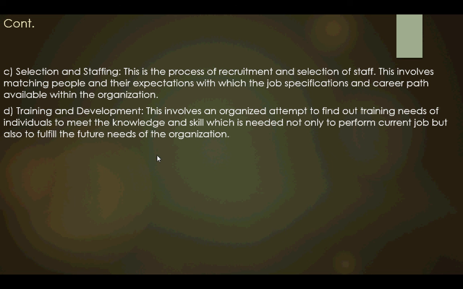This involves an organized effort to find out training needs for individuals in order to meet the knowledge and skill which is needed not only to perform the current job but also to fulfill the future needs of the organization. In this direction, it is the duty of the organization to give training and development programs and evolve the training and development programs.